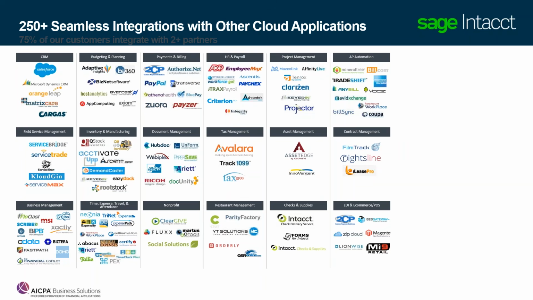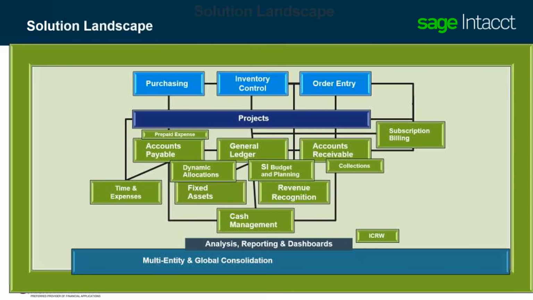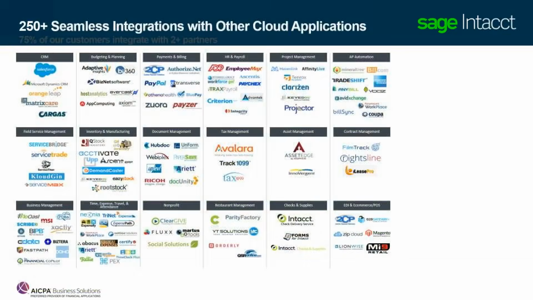So if you're currently a Salesforce user, then this is going to be very attractive to you because now we have that bidirectional integration. We also partner with folks like Avalara. So if sales tax is important to you, Avalara is a leader in sales tax. So you see them in the middle of the screen. So lots of integrations here already in place that help drive out the full solution.